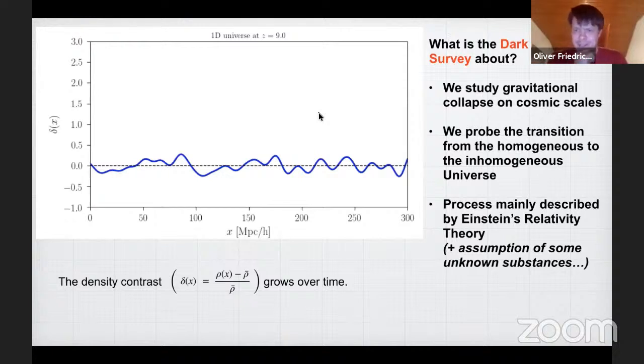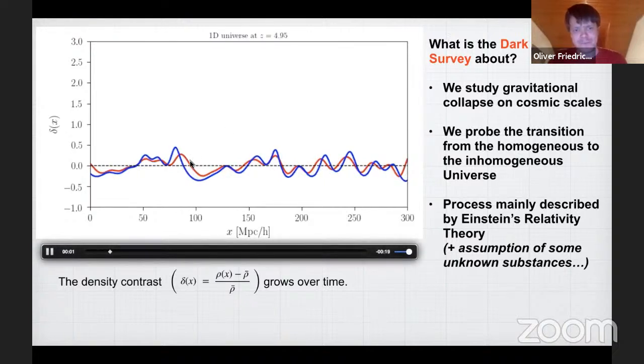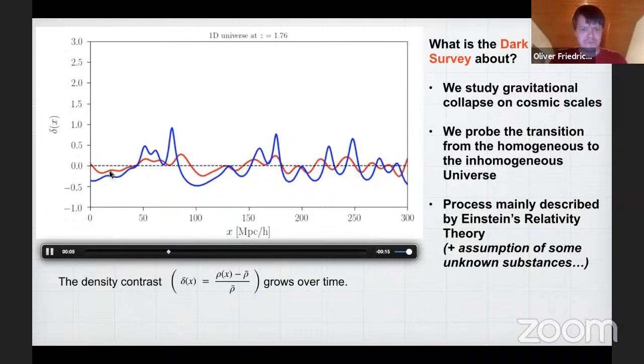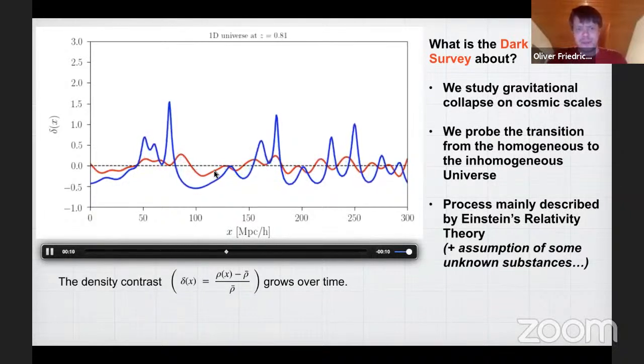And I've made this a little bit of a movie demonstrating this process, and this is what you see here. What you see in this movie is, in red, density perturbations.